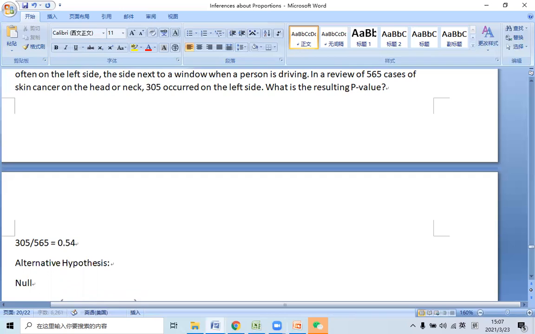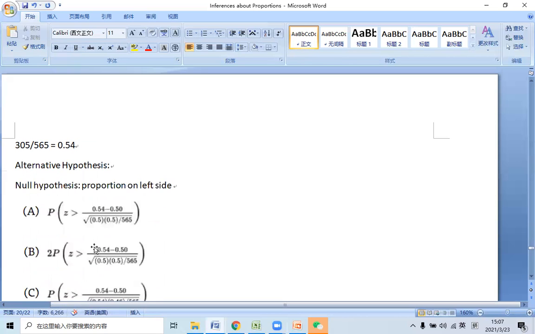And the null hypothesis. The null hypothesis would be the proportion on the left with what? 0.50. Half.